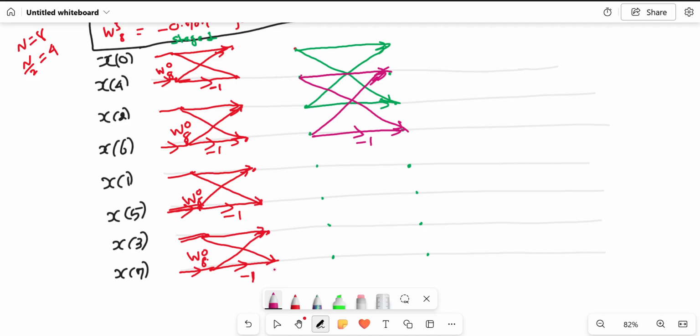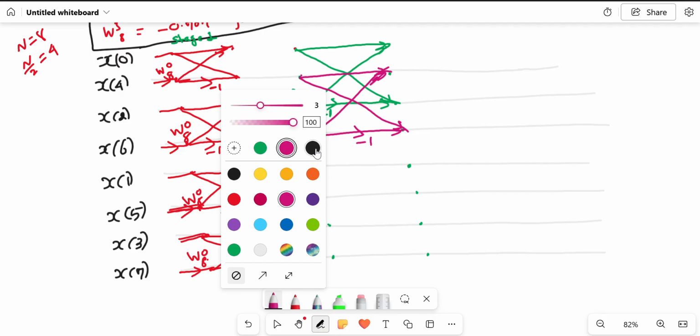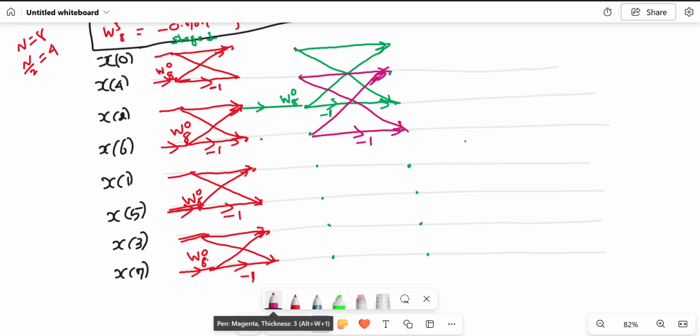For this butterfly lower wing only, the twiddle factors will be multiplied: the output x of 2, x of 6 is multiplied by the twiddle factor W0 of 8. Similarly, for this butterfly, the lower wing should be multiplied by W2 of 8.